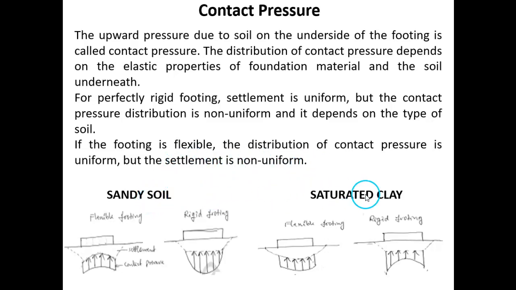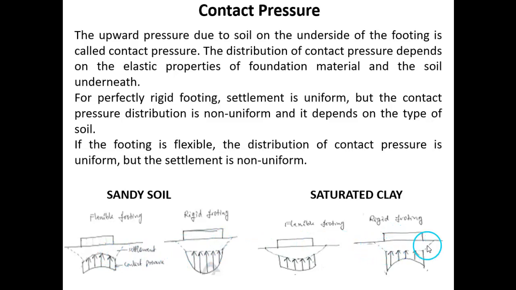If you take sandy soil and saturated soil, in case of flexible footing, the contact pressure is uniform. Even for the saturated clay, for flexible footing, the contact pressure is uniform. In case of rigid footing, the settlement is uniform.